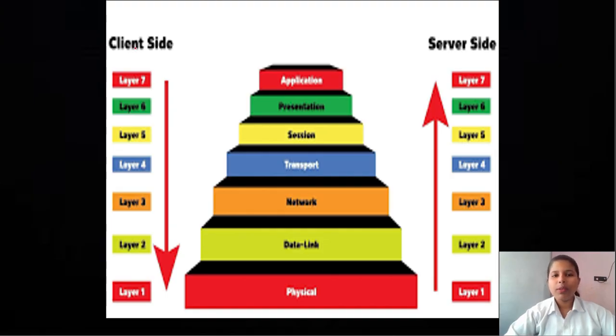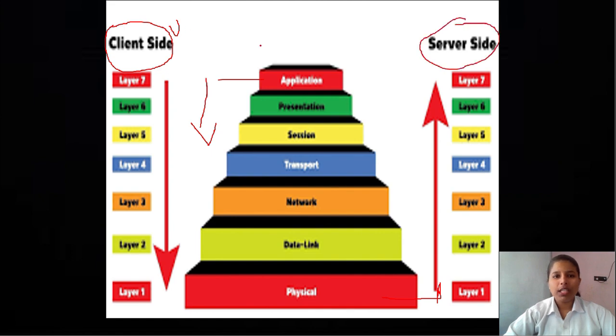From the client side, a client meaning we, the user, it starts from layer 7, the application layer, where we interact. The physical layer is where the zeros and ones travel. From the client's application layer, the data is transformed until it becomes zeros and ones, and then it moves from layer 1 up to layer 7 on the server side.